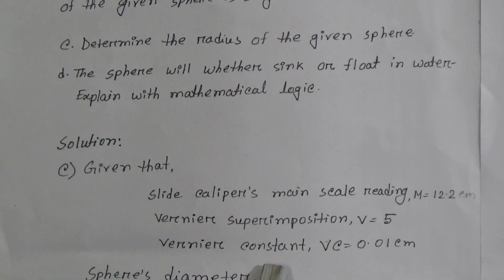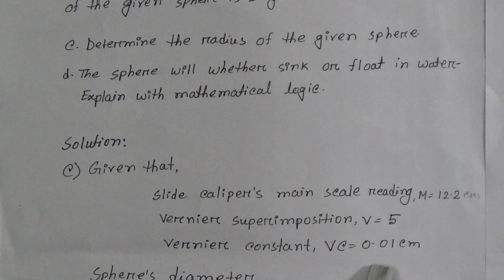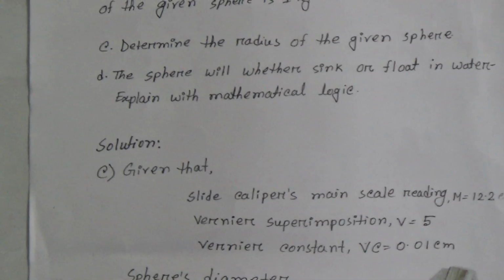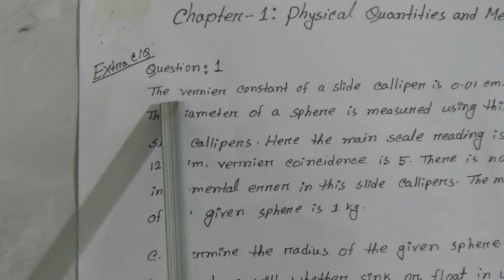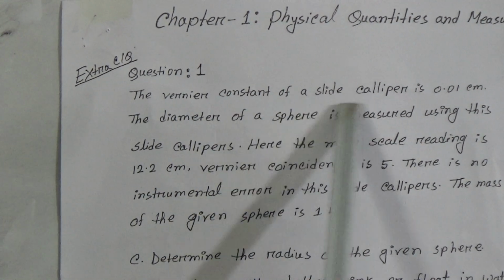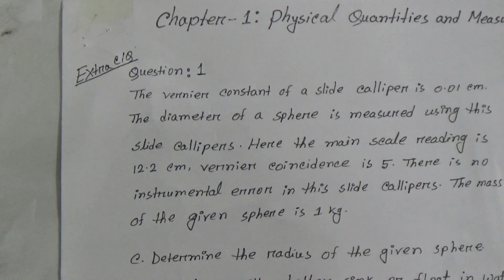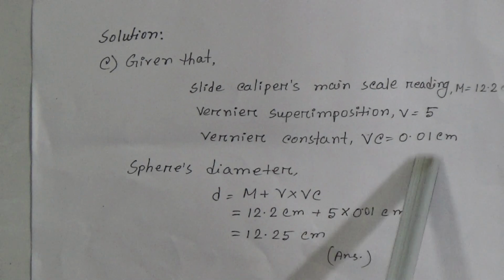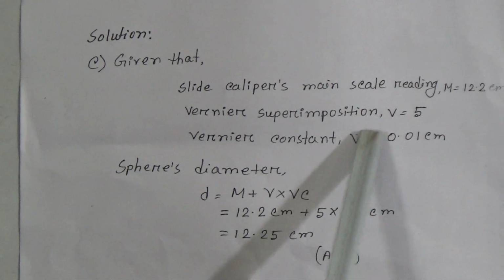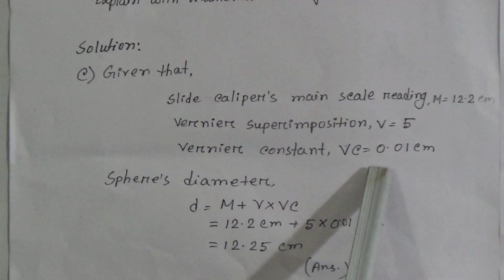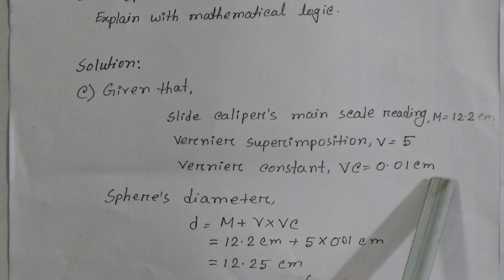Now vernier constant is denoted by Vc equal to 0.01 centimeter. This is the given value, from the first line: the vernier constant of a slide caliper is 0.01 centimeter.